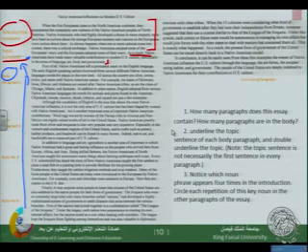Okay. And here at the end, we have the conclusion. We have the concluding paragraph. This is a concluding paragraph. So it is a very simple task for you now to identify the introduction, the body paragraphs, and the concluding paragraph.